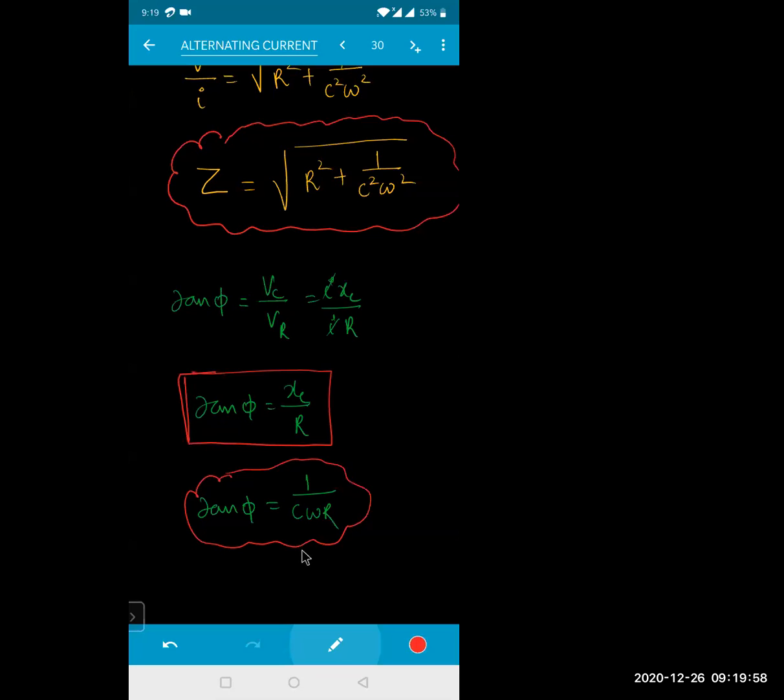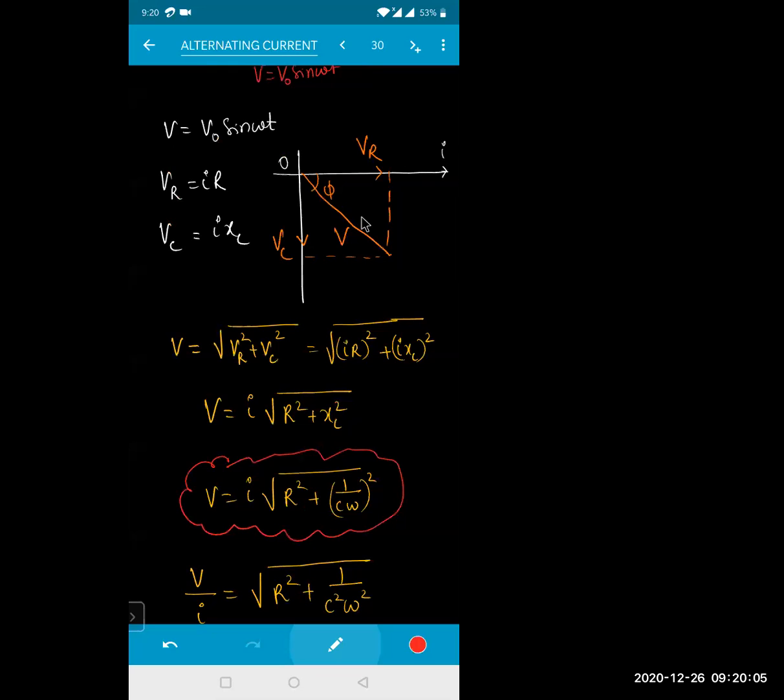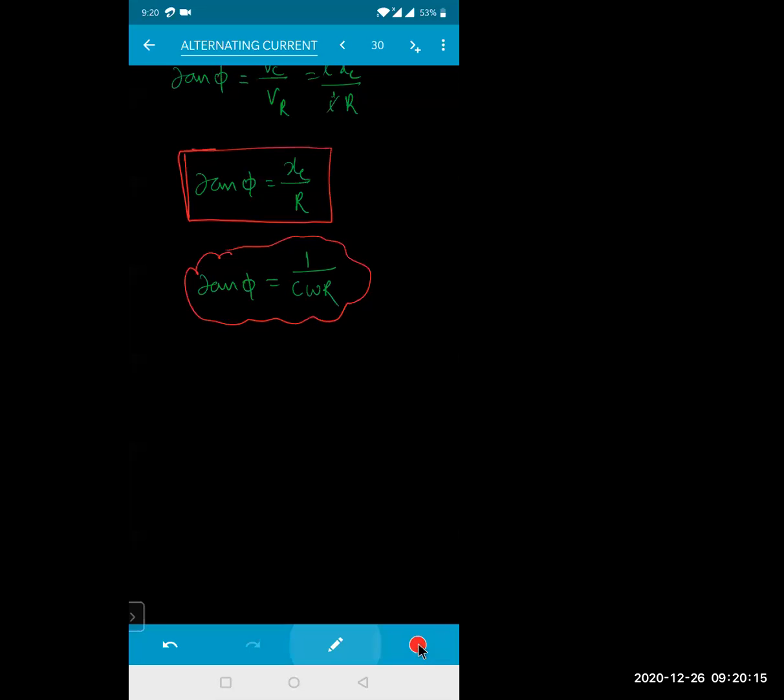Clear for everyone? That means the current is leading the voltage by how much? If you see the diagram clearly right now, the current is leading by phi, or the voltage is lagging by phi. I can say from the diagram that current leads the voltage by phi.